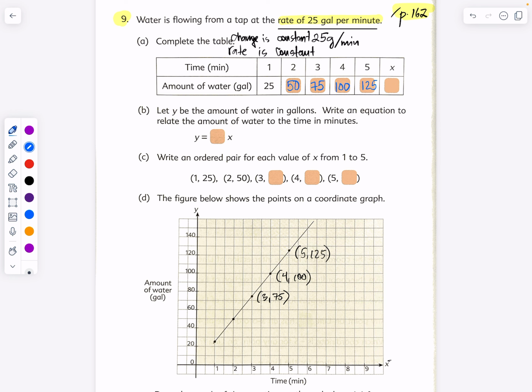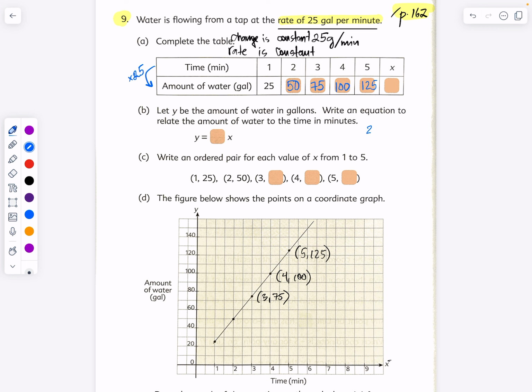Look at the relationship between time and the gallons of water that's being dispensed by the faucet or the tap. It is 4 times. Oh, sorry, not 4 times. It's 25 times. 1 minute times 25. 2 minutes times 25. 3 minutes times 25. 4 minutes times 25.